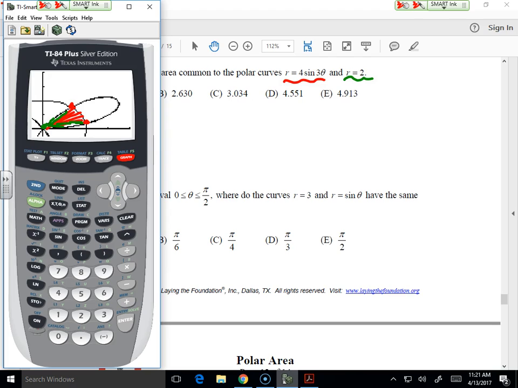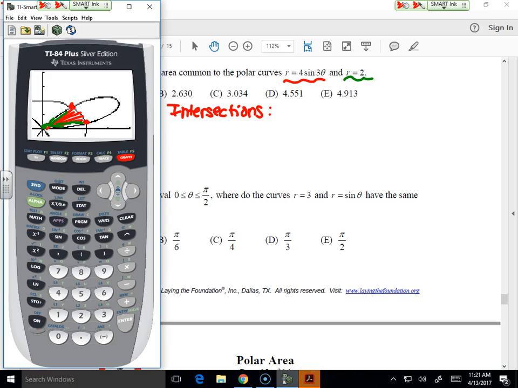The first one is 0.17453293, which is maybe pi over 6? Is it? Wait, was it 0.1745? Yes. And the second intersection point is 0.87266.